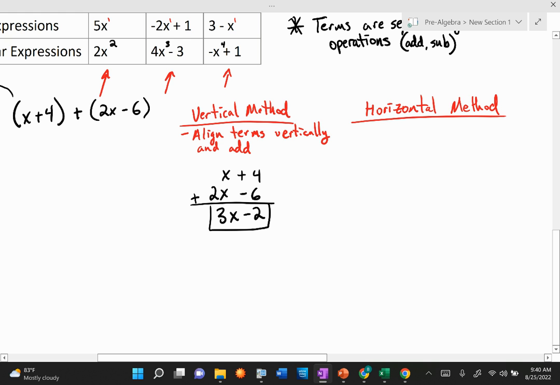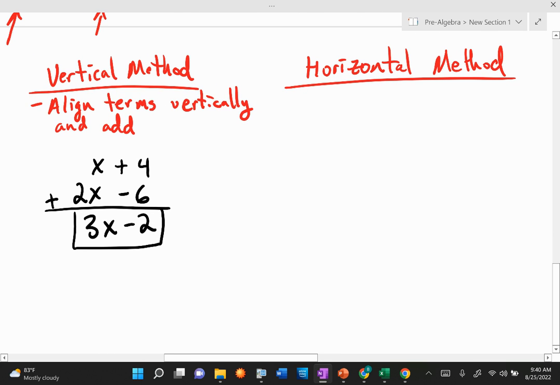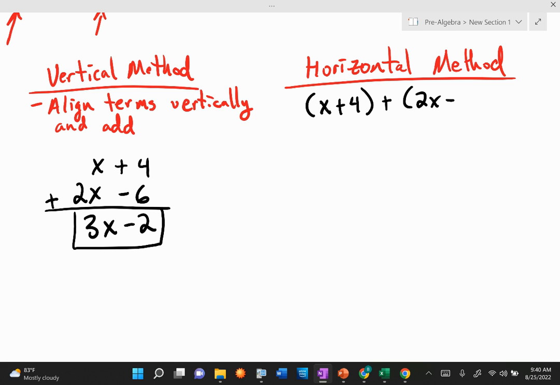So we've got x plus 4 and then 2x minus 6. So I'm just going to rewrite the original problem so you can see kind of what it looks like from beginning to end. Is everybody comfortable with that? Okay, here's the OG problem.